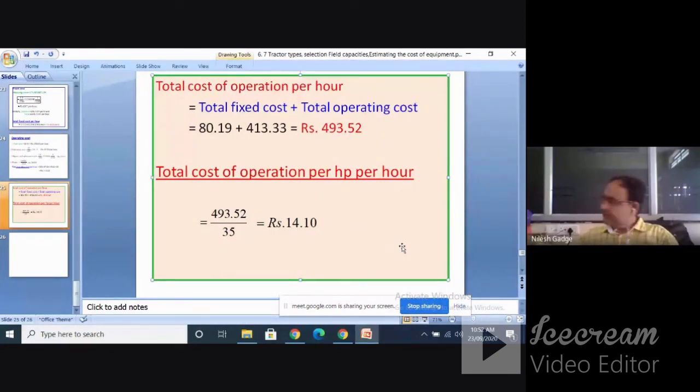So that is all about this cost of operation.